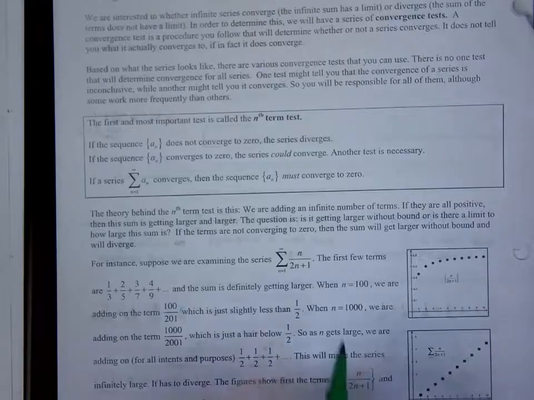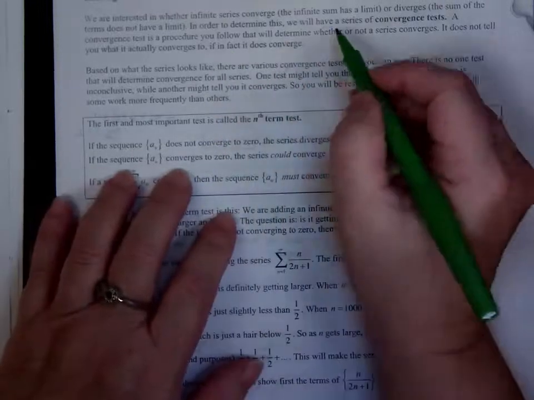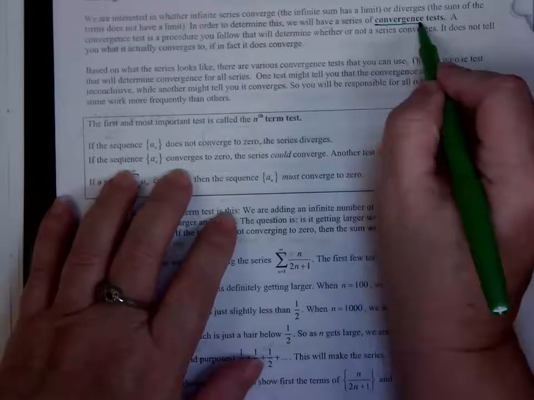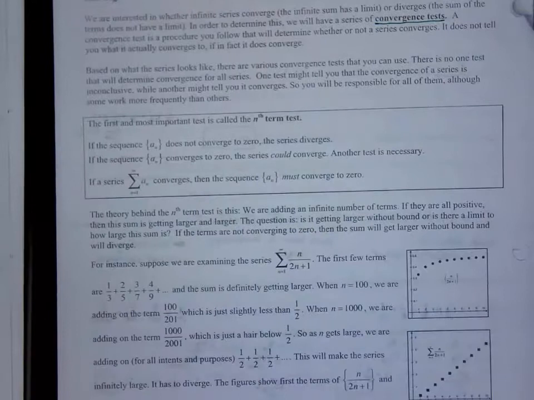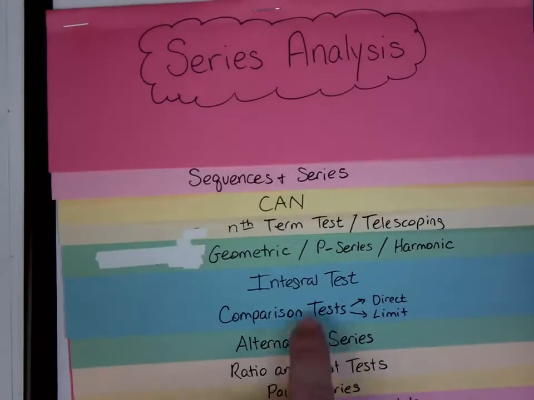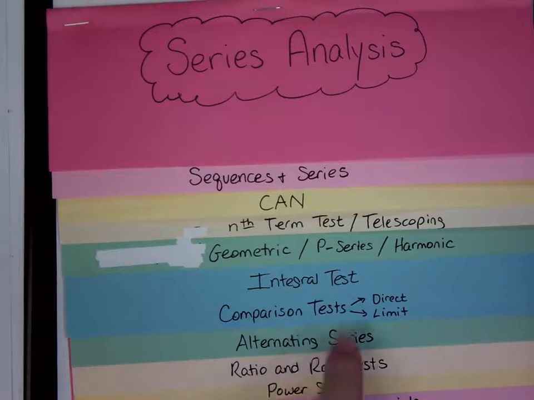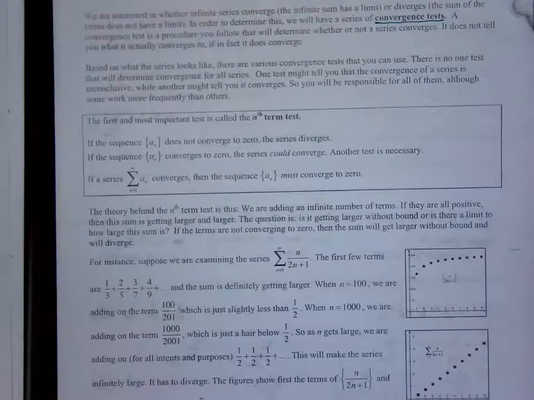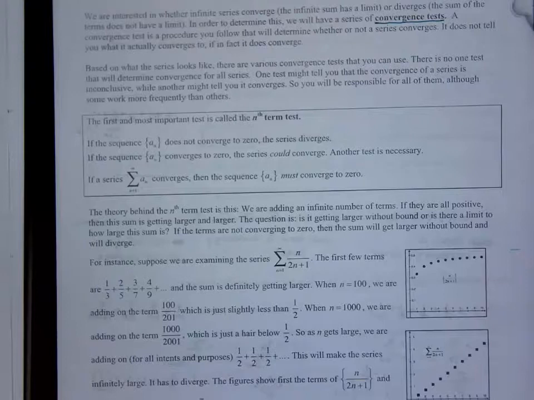So, in order to determine this, we will have a series of convergence tests, and in your flip book, most of the tabs are different kinds of tests. Notice that they're labeled with tests, this test, that test, the other test, etc. We're going to be learning one to two every day, and which one you use is based on sometimes the kind of series that it is.